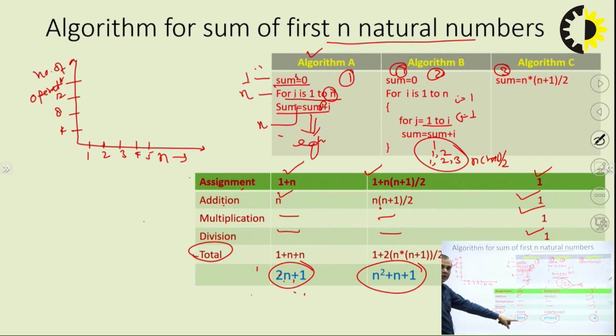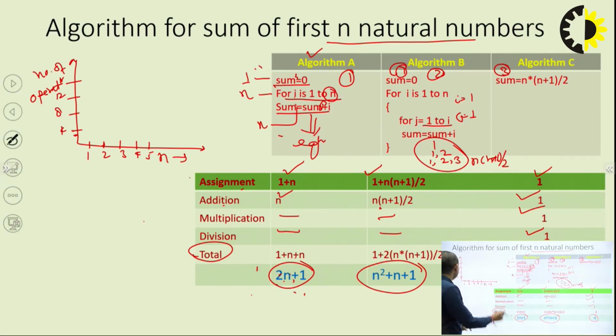Now n equal to 1, so 2 plus 1, it will be 3. N equal to 2, so 2 into 2 is 4 plus 1, that is 5. For n equal to 3, 3 into 2 is 6 plus 1, that is 7. So when we draw a line, it will look like this, that is algorithm A.